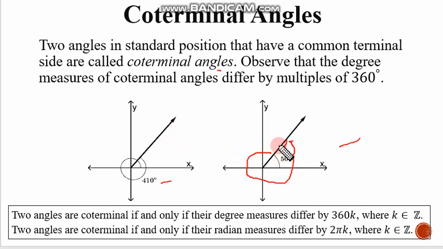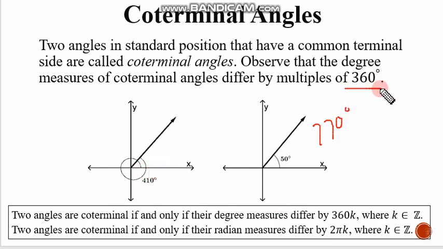If we add another 360 degrees, that's 770 degrees. 770 degrees is also a coterminal angle with 50 degrees or 410 degrees.